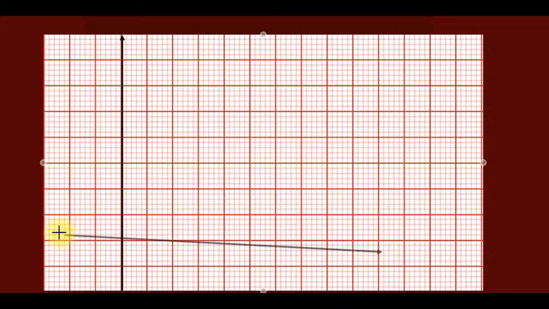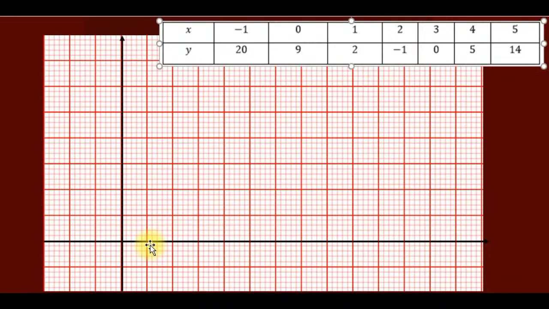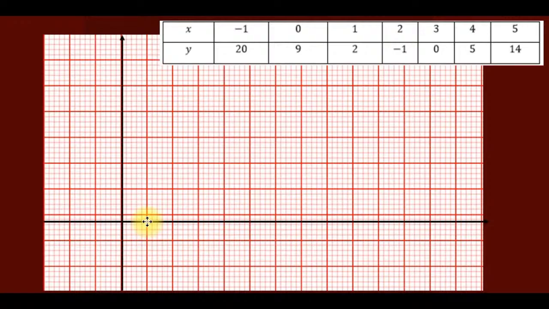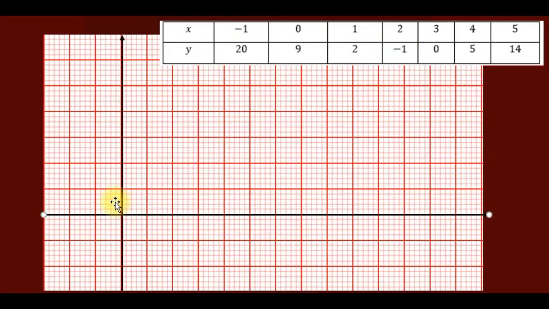We'll place it in any of the major grid lines. Okay, from the table, let me paste the table so that we know the maximum and the minimum. If I move it a little up, so if I count 1 2 3 to be 10, 1 2 3 to be 20, okay.